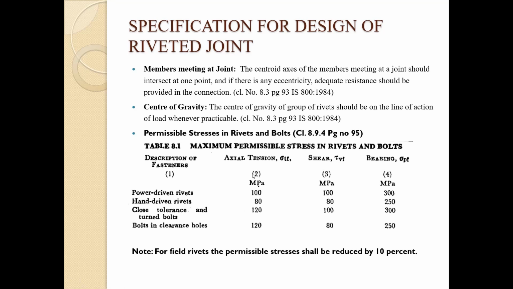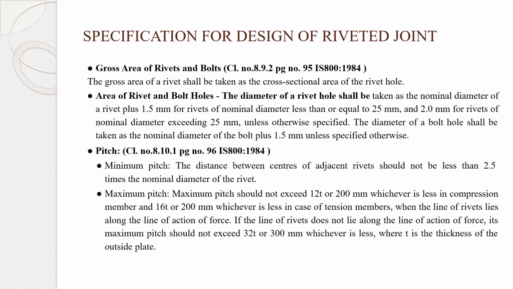These are for shop rivets, and for field rivets, as the note is given over there, the permissible stresses shall be reduced by 10%. So as we know that in shop or in factory we have better control on quality as compared to the field, that's why we are reducing these stresses by 10% on the field.